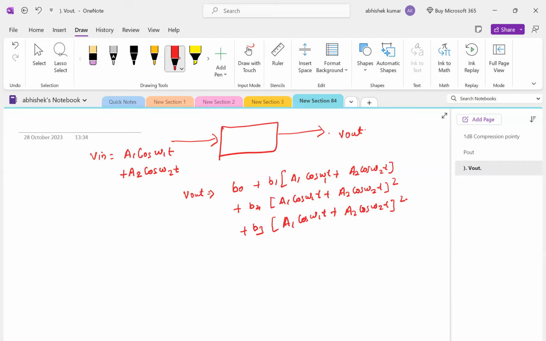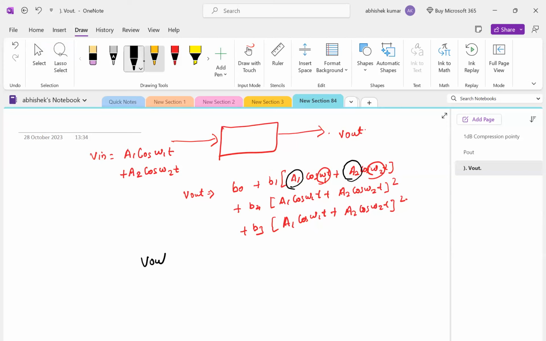But observe here, these are not our desired output. What we want, we have the two frequency components omega 1 and omega 2. But we will get different coefficients, and at omega 1 we are expecting the coefficient a1.